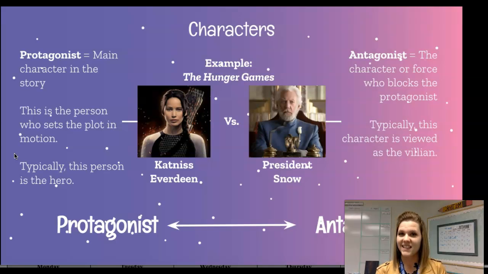So again, an antagonist can be a character or a force. It's anything that prevents the protagonist from doing what they've set out to do. Typically, the antagonist is viewed as the villain, but that's not always the case because of that trend in media that I've just mentioned. An example of this would be in the Hunger Games, where Katniss is fighting against President Snow.